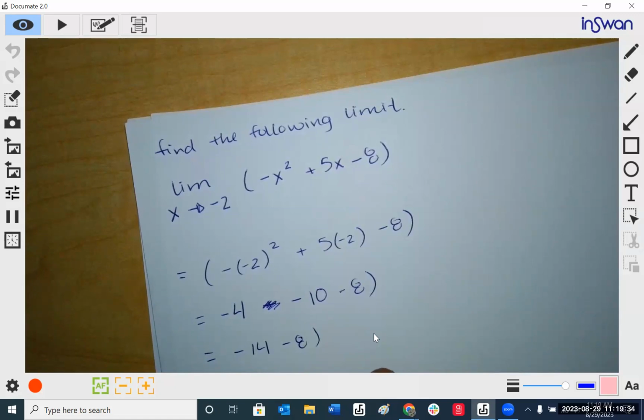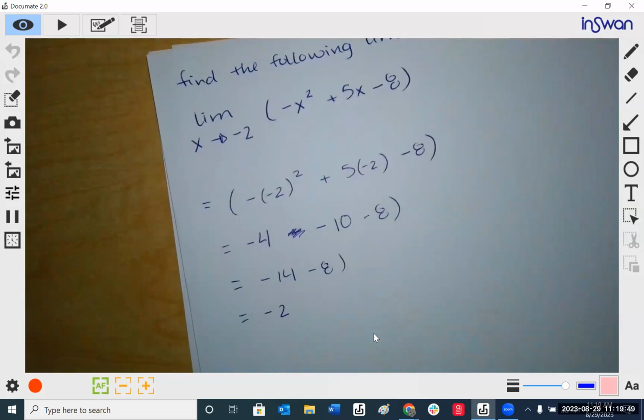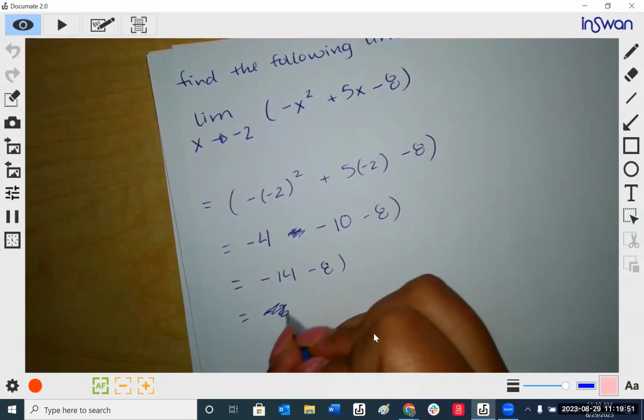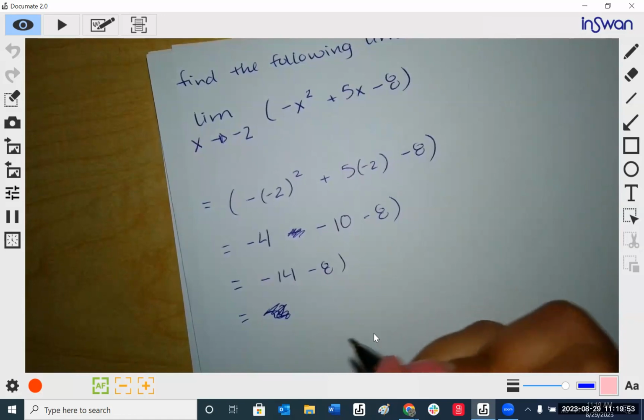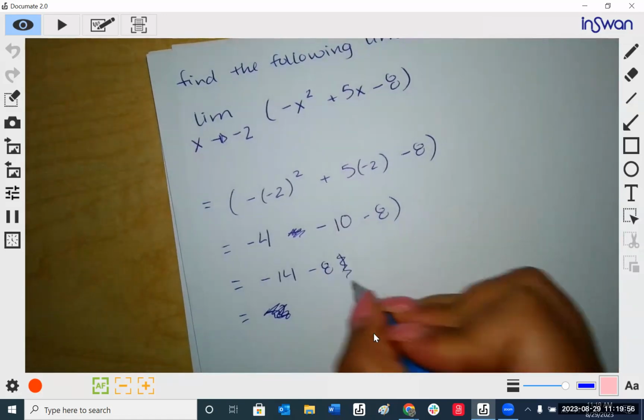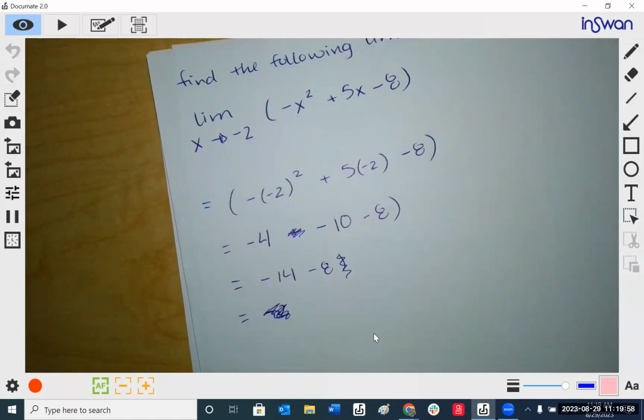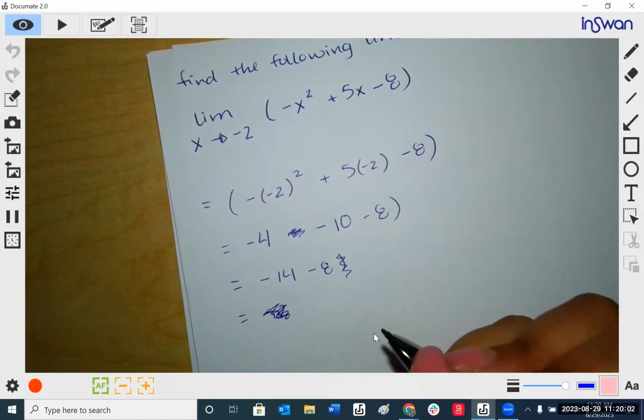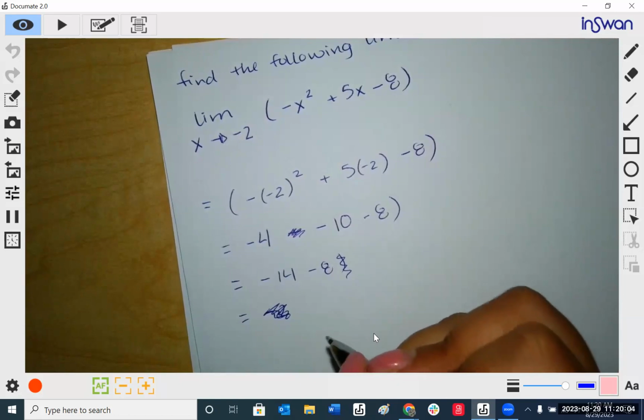What's 14 plus 8? 22. So the answer is, we're not finished yet. You don't need a calculator. Okay, hold on. They're both negative, so is the answer going to be positive or negative?